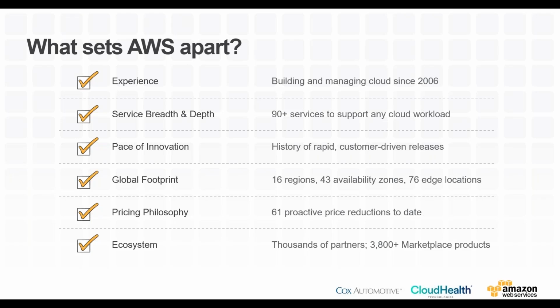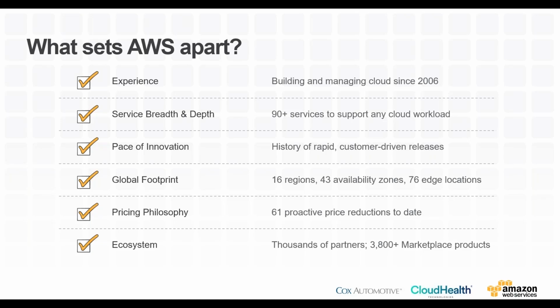And to touch on a couple, we'll talk about the pricing philosophy. We've lowered our prices on 62 different occasions in the last 8 years, largely in the absence of any competitive pressure to do so. And that's because we tend to be a company that focuses on what customers want. When it comes to our ecosystem, AWS has a rapidly growing partner ecosystem made up of 2 main categories: independent software vendors and systems integrators.